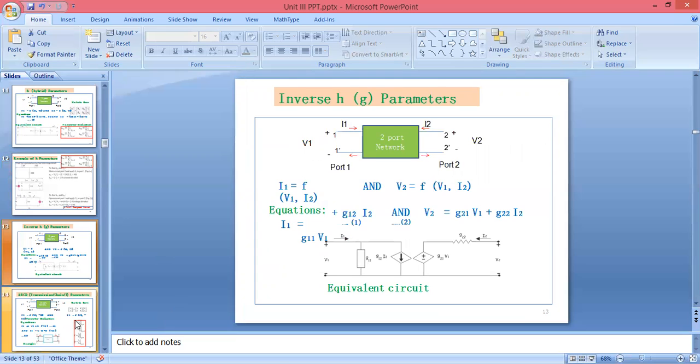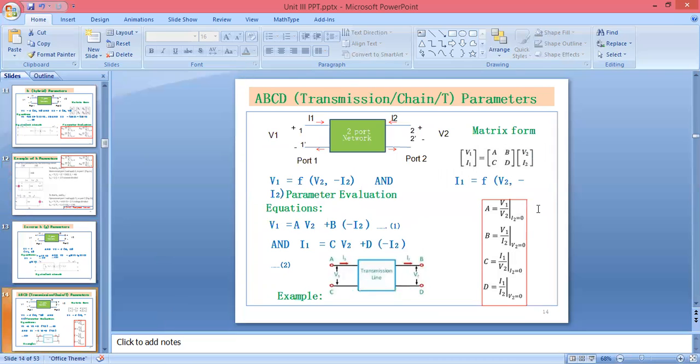So now we have to see about the ABCD parameter. In ABCD parameter we can call this network a T network, or we can call it the chain parameters, because here the values of V1 and I1 are depending on V2 and I2. The voltage which appears across port 1 and the current flowing through port 1 depend on port 2, the voltage across port 2 and the current going from port 2.